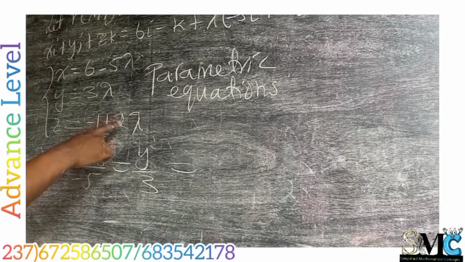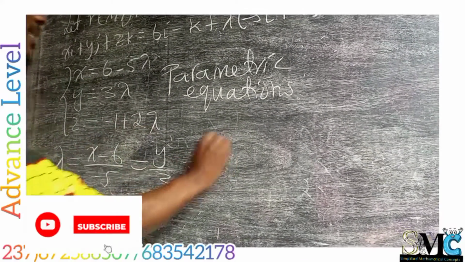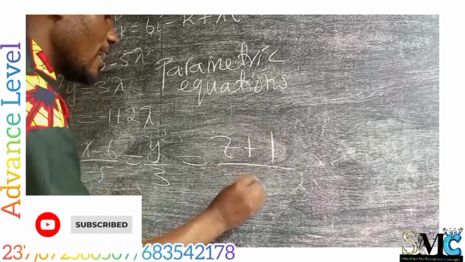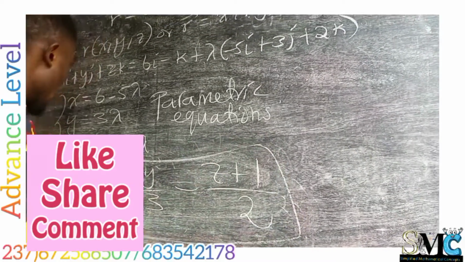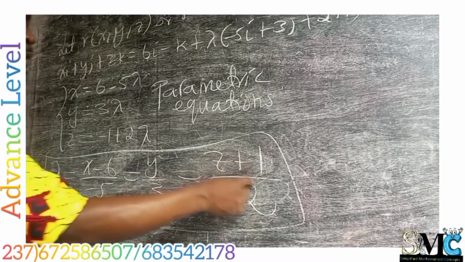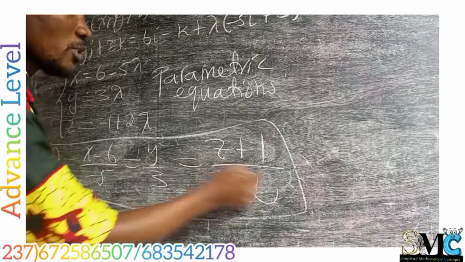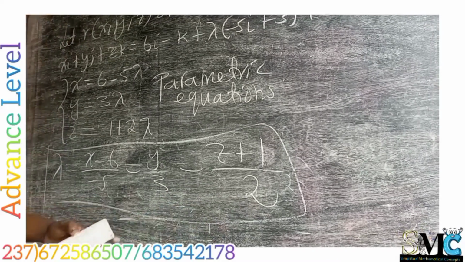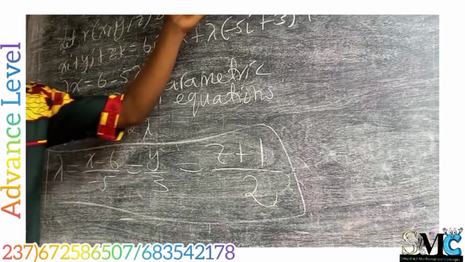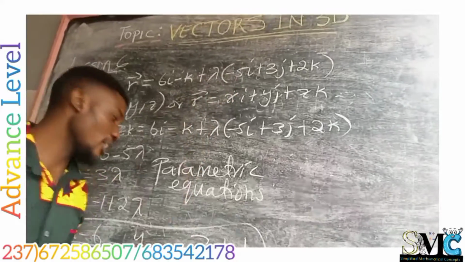And here, lambda will be equal to (z plus 1) divided by 2. The reason why we are doing all of this is because lambda is equal to this, lambda is equal to this, lambda is equal to this. So all of them are equal to each other. This gives us the Cartesian equation of our line, or our vector equation.